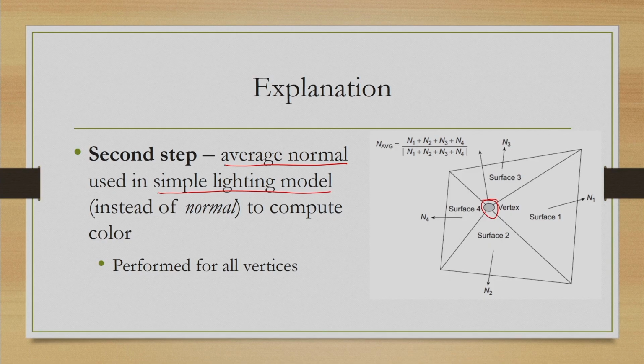So, instead of the regular surface normal, we use the average surface normal to compute color, and this we do for all the vertices of the surface. So, we take one surface at a time and compute colors for all vertices that define that particular surface.